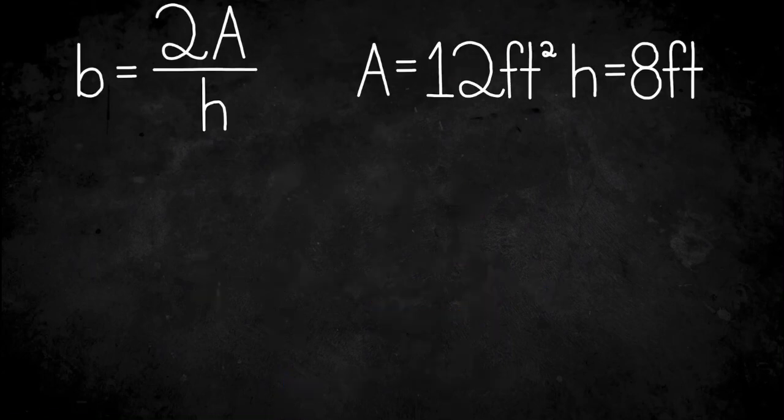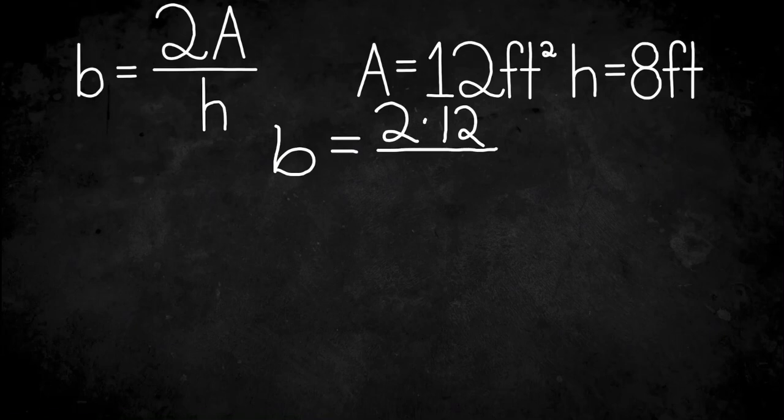So now what we're going to do is replace the variables with the numbers they equal. So let's rewrite this equation. That'd be b equals 2 times 12 over 8. And 2 times 12 is 24, right?